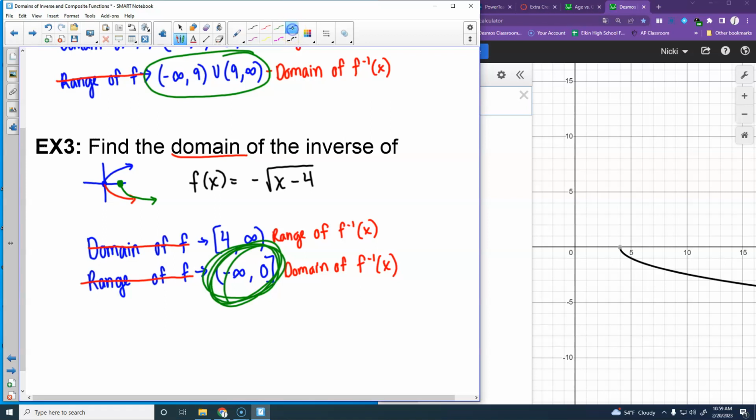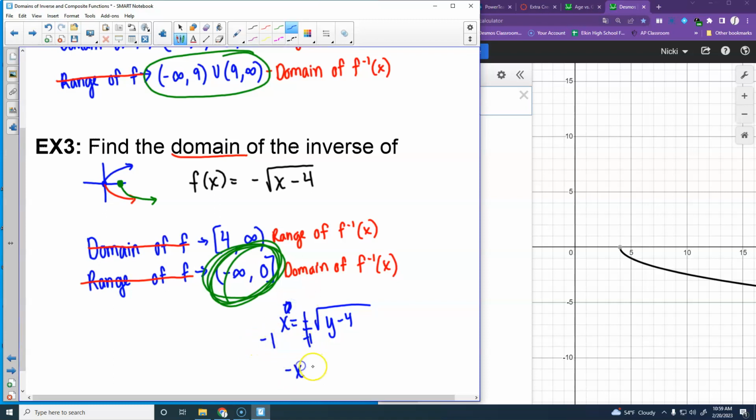Just real quick, I'm going to show you why it's important that those domains are restricted. So for this function, if I switch my x and y's, I'm going to do this real quick because you don't have to do this to answer this question. If I square both sides, I've got x squared. Oh, wait, no. Let's do this right. Don't square both sides. You got to divide by that -1 first.